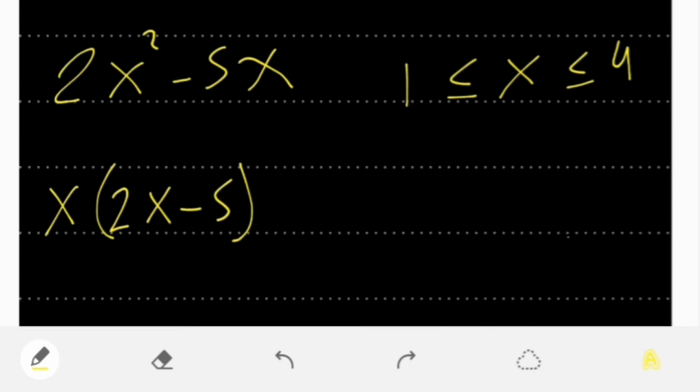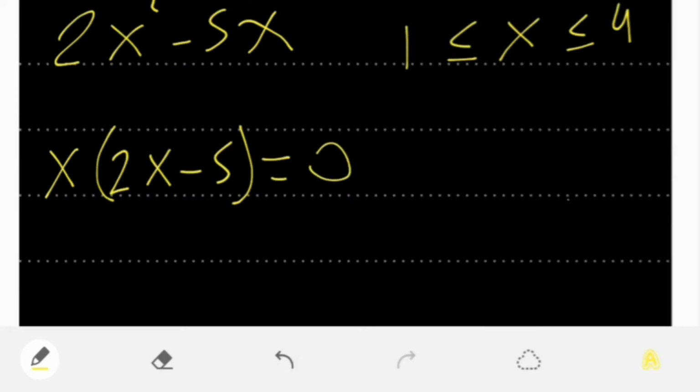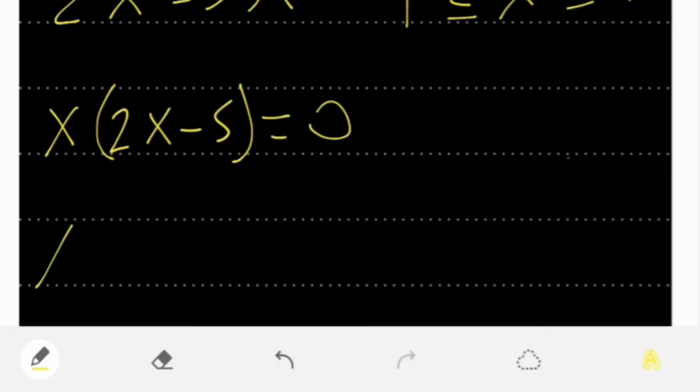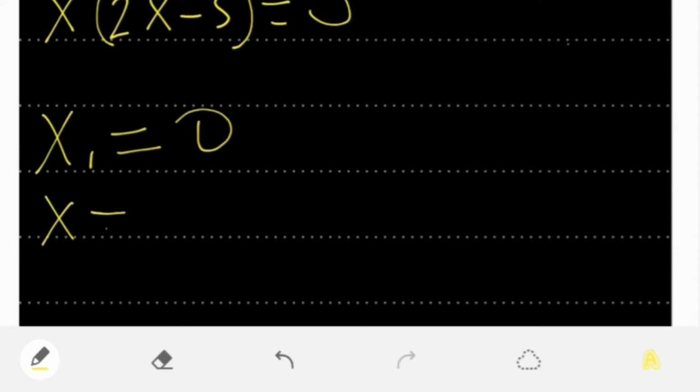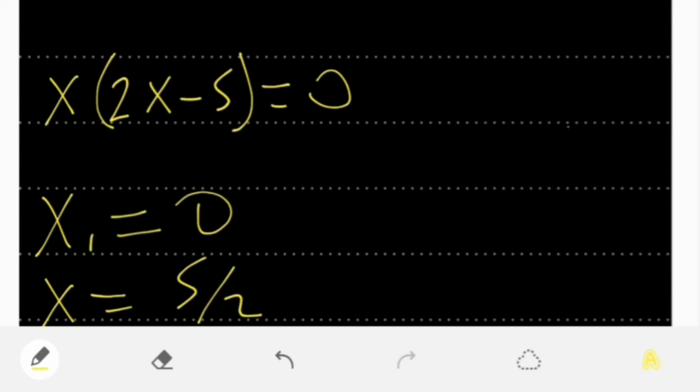So if we want to find where we are cutting the x-axis, we can say that this is equal to 0, okay? So this cuts the x-axis in 2 points, x equals 0 or x equals 5 divided by 2. Why? Because if x was 0, 0 multiplied by anything would be 0.